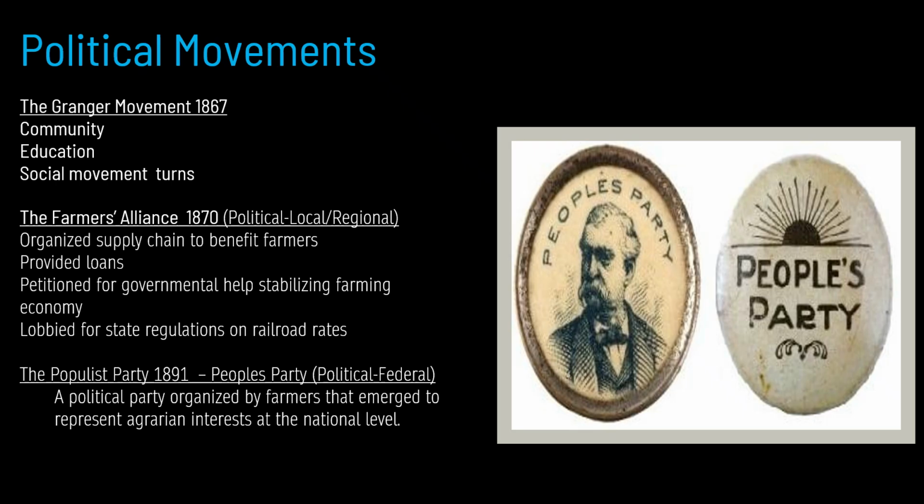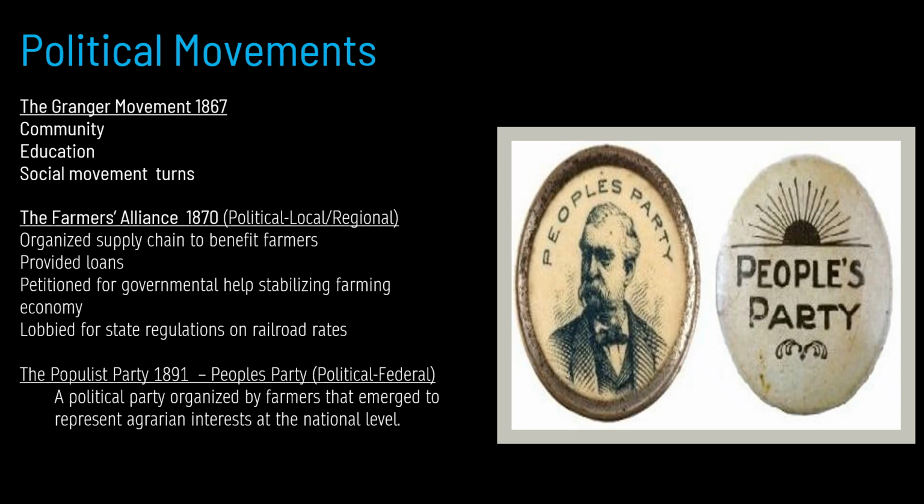Well, they realize that to really change things for them, they've got to take it higher. They've got to get it to the national level, to the presidential level. So they then create the Populist Party, which is the People's Party. Now this group that started just sharing ideas has become a political party on the national level.